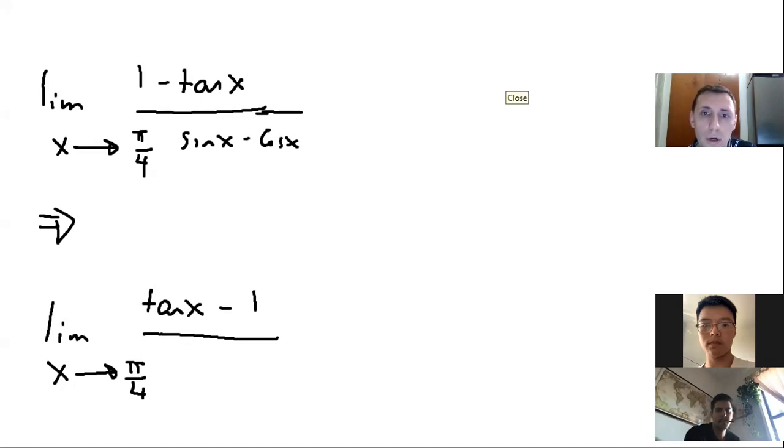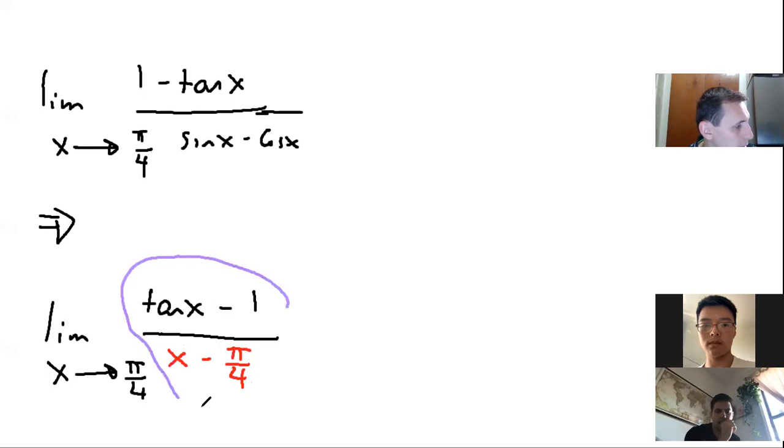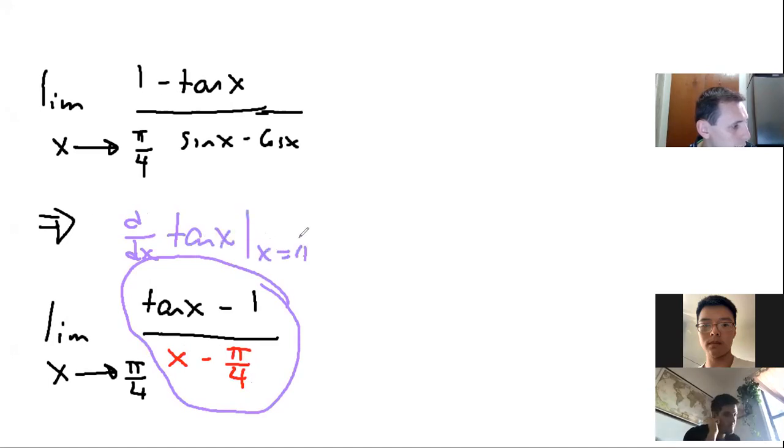No, Dragon, not 0. If we divide by 0, we just simply don't get anything, right? We cannot divide by 0. So the denominator has to be x minus pi over 4. When I see that denominator, I right away recognize that I am dealing with the derivative of tangent x, where x is pi over 4.